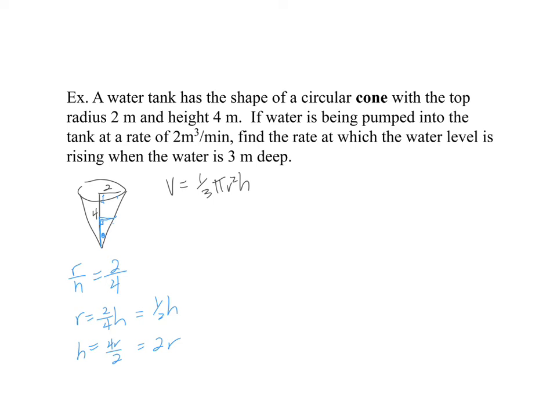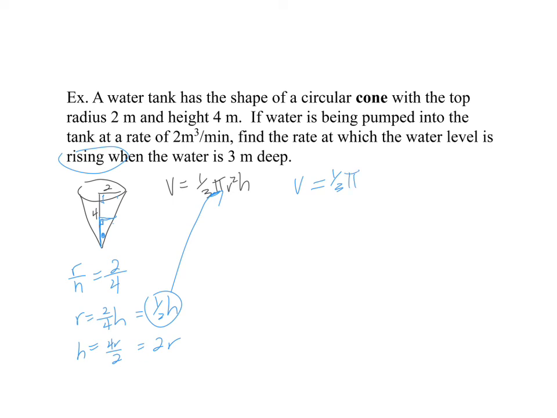So if we look back at the original question, it's asking us to calculate the rate the water level is rising, so we're looking for dh/dt. If we're looking for h, we want to eliminate the r, so we can plug in our 1/2 h into our equation. We still want to do this before we do our derivatives because we've got to get it down to two variables.